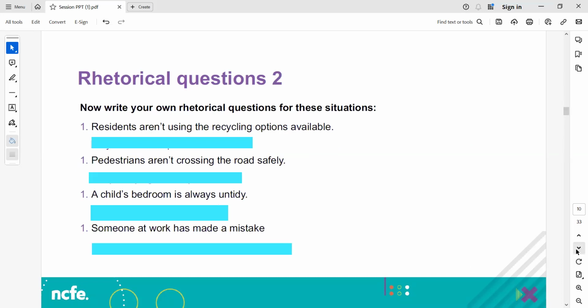So now I want you to think of rhetorical questions for these situations. So the first, residents are not using the recycling options available. So what are the reasons that we need to recycle? What rhetorical question might be asked?